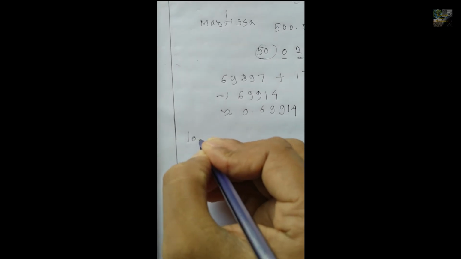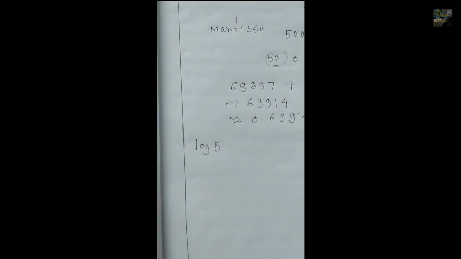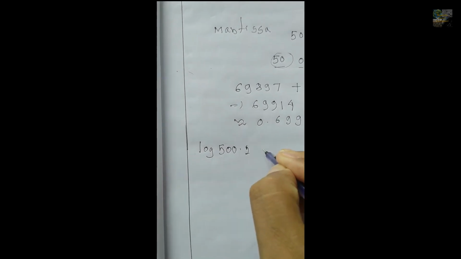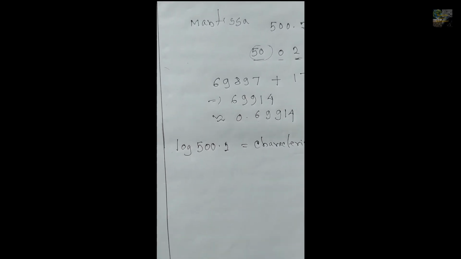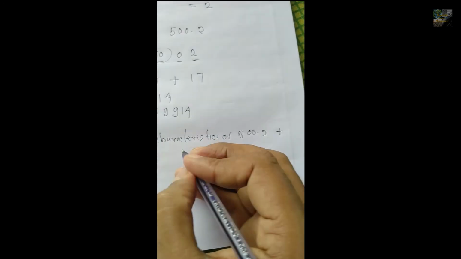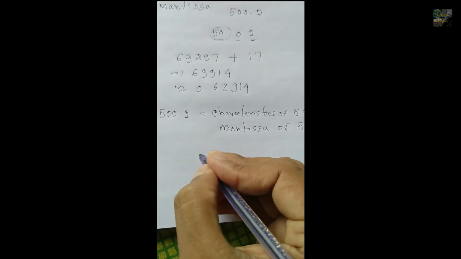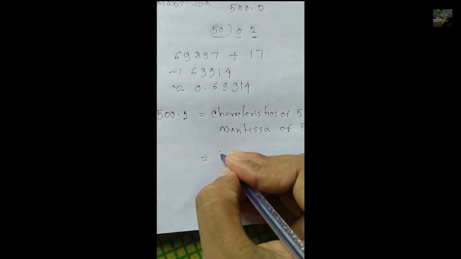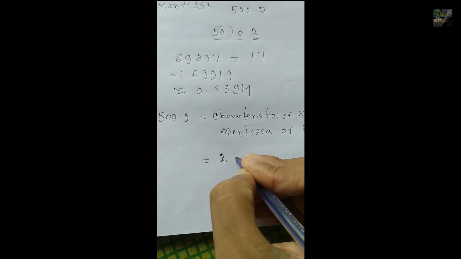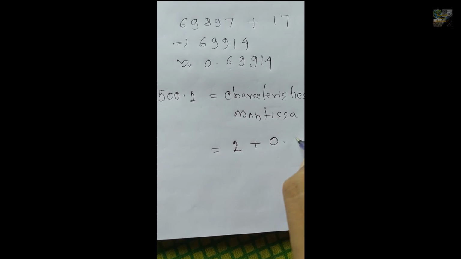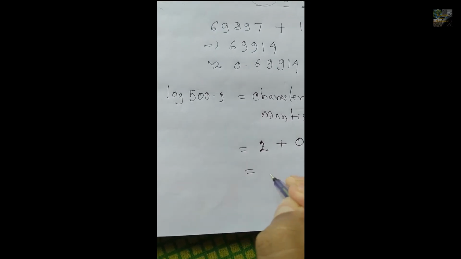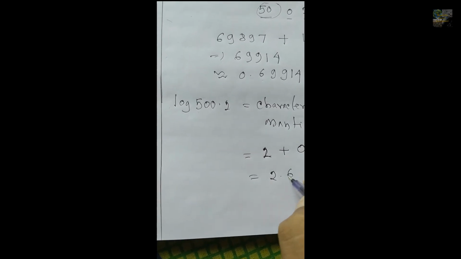So log 500.2 is equal to the characteristics of 500.2 plus the mantissa of 500.2, and then I am inputting the values. 2 is the characteristics, 2 plus 0.69914 is the mantissa. So the log value will be 2.69914.